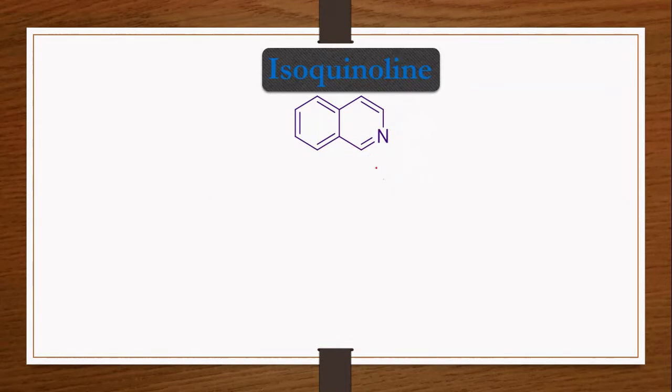But still, you observe that there are two rings, one is a benzene ring and another is again a pyridine ring. But the point of attachment of both rings in isoquinoline is different as compared to quinoline. Thus, it is a structural isomer of quinoline.